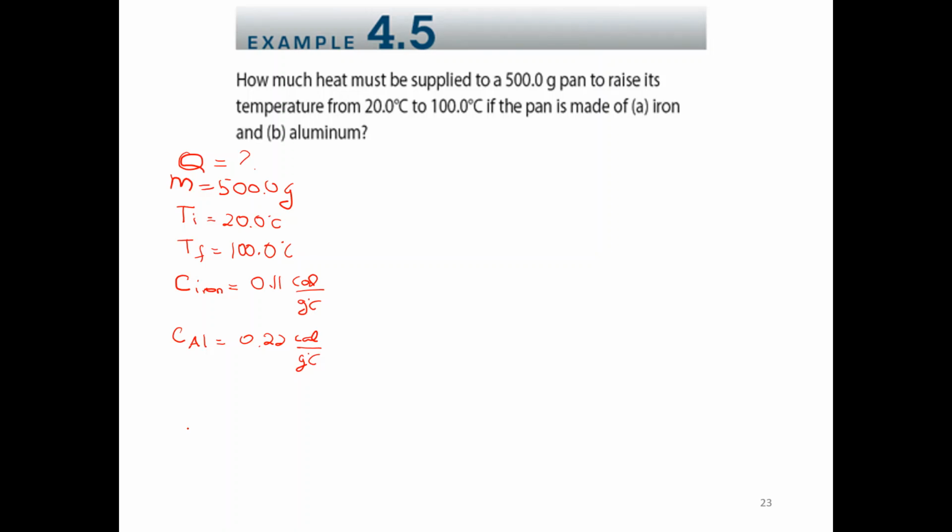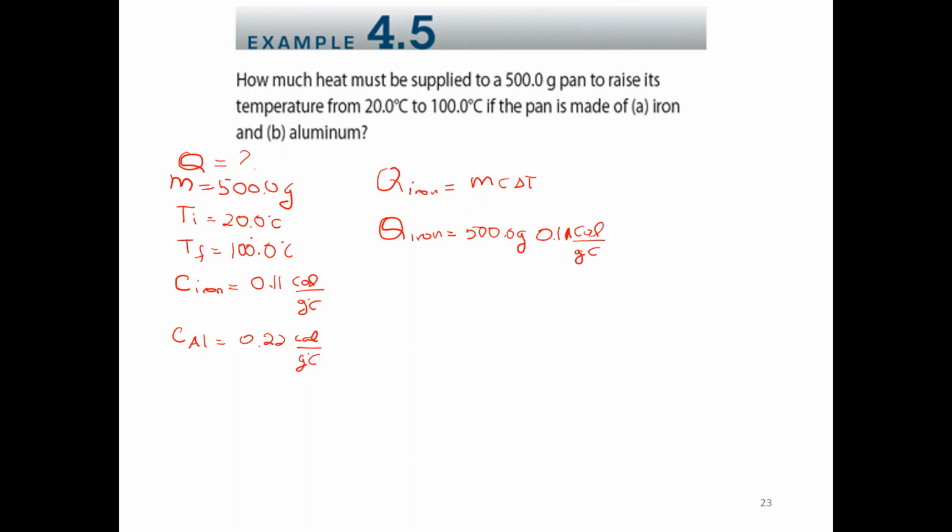Let's calculate how much heat we need if the pan is made of iron. Q equals mass times specific heat times delta T. Mass is 500 grams, iron is 0.11 calories per gram per degree Celsius.